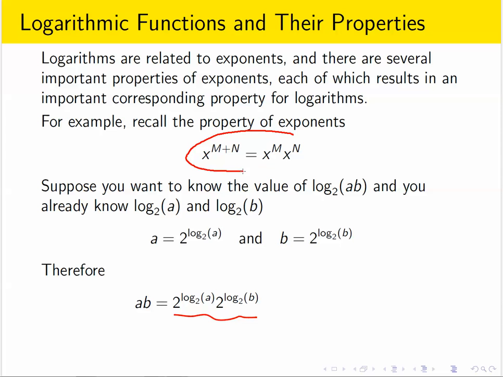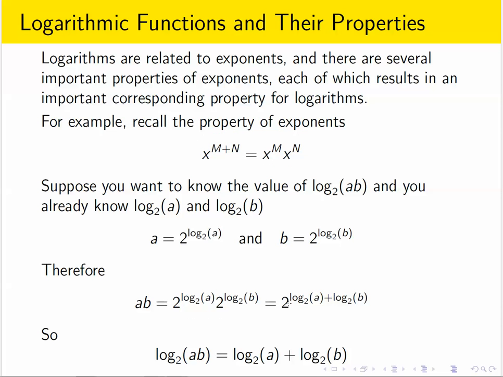That brings me back to this property. This property tells me I can combine them by adding the exponents. So if we do that, we get these two values added together in a single exponent, and that exponent is the power of 2 I need to get a times b.